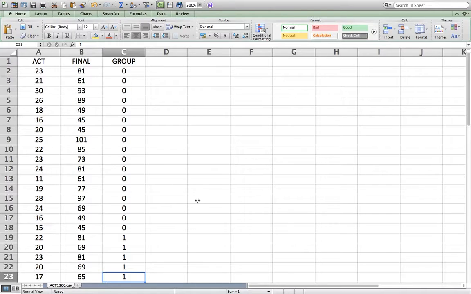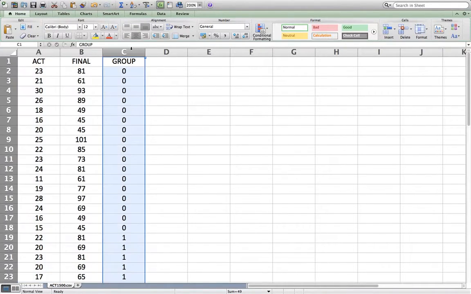You get into a situation where the time the courses are offered play in more conveniently to certain majors, and certain majors tend to be a little better at mathematics than others. So it's a possibility. So we're going to come in and control for ACT, which is going to be our covariate. Our factor is going to be group. And our dependent variable is going to be the final exam.